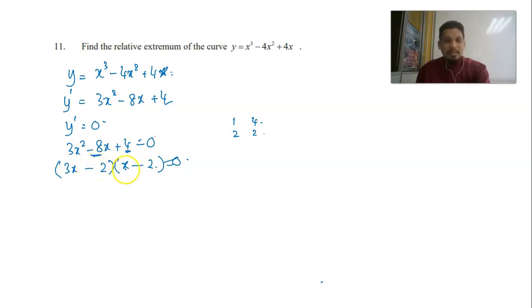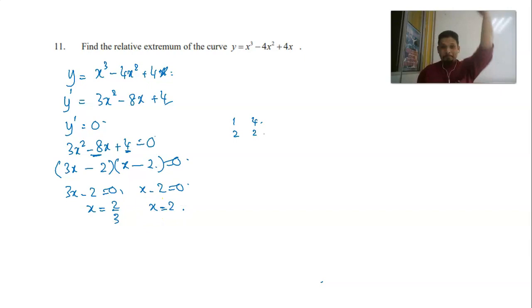So negative 6x minus 2x, negative 8x. Negative 2 times negative 2 equal to positive 4. That's it. Okay, so now 3x minus 2 equal to 0, then x minus 2 equal to 0, then x equal to 2 over 3, and x equal to 2. So there are two values of x here.